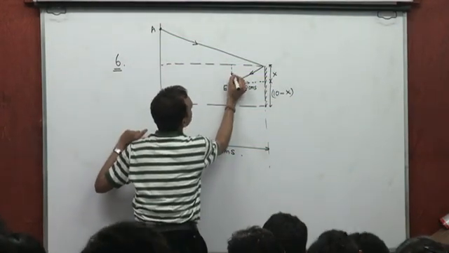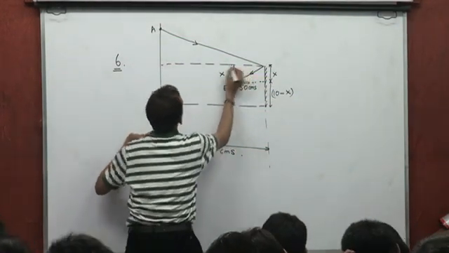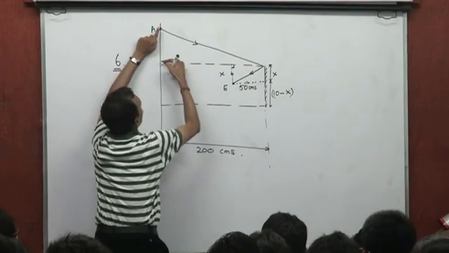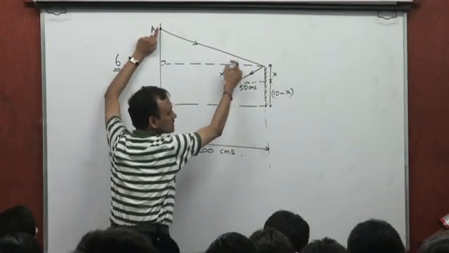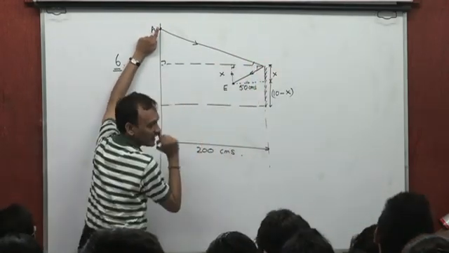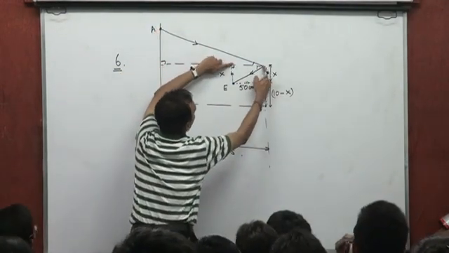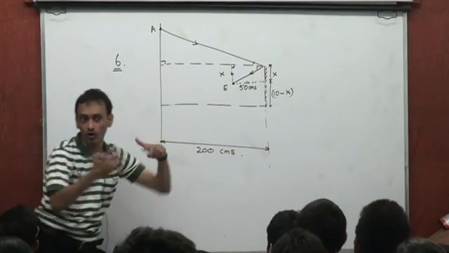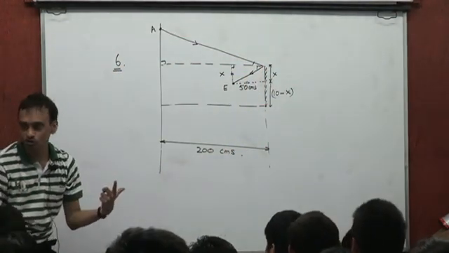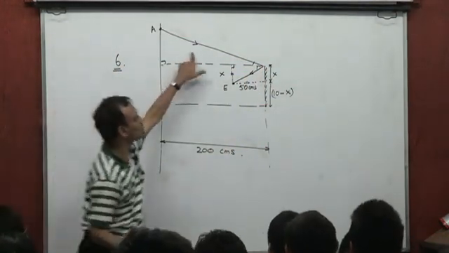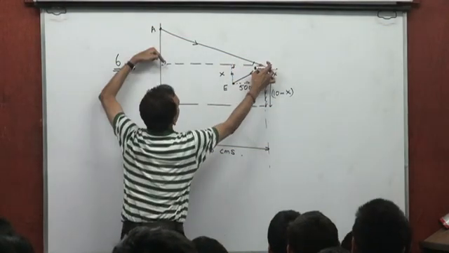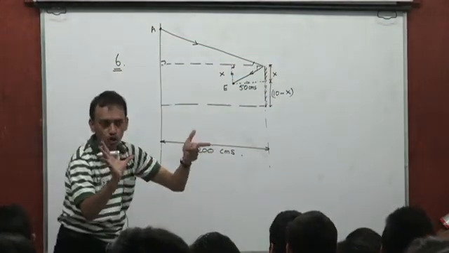Now this is X, and realize that these two triangles are similar because this angle equals this angle and 90 degrees, right? And the ratio of their sides is like 50 is to 200, 1:4. These two triangles are similar. This is 50, this is 200. So ratio of their sides is 4.